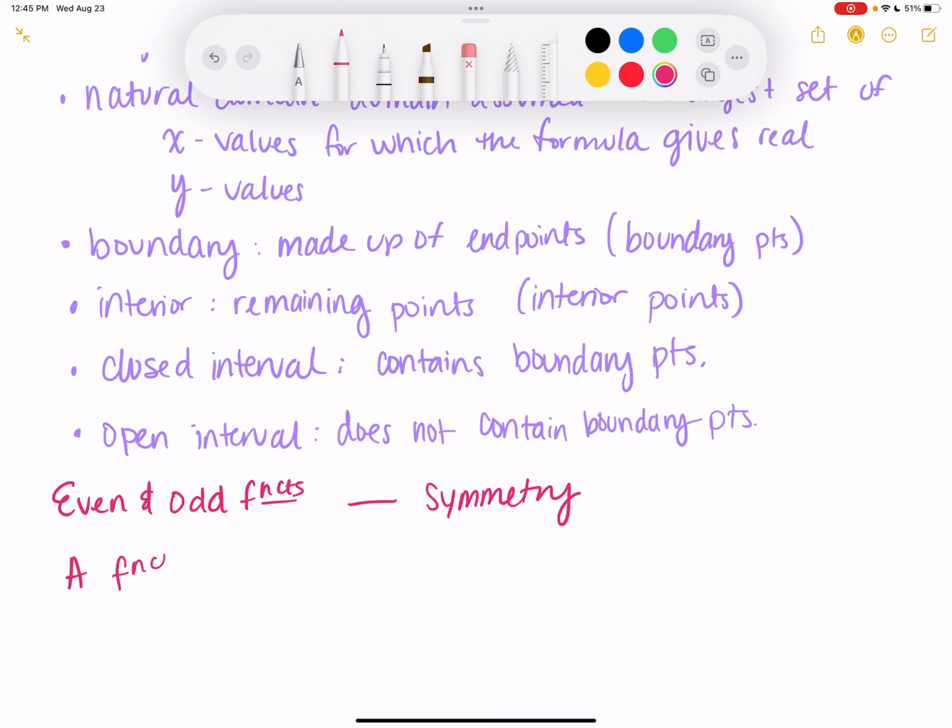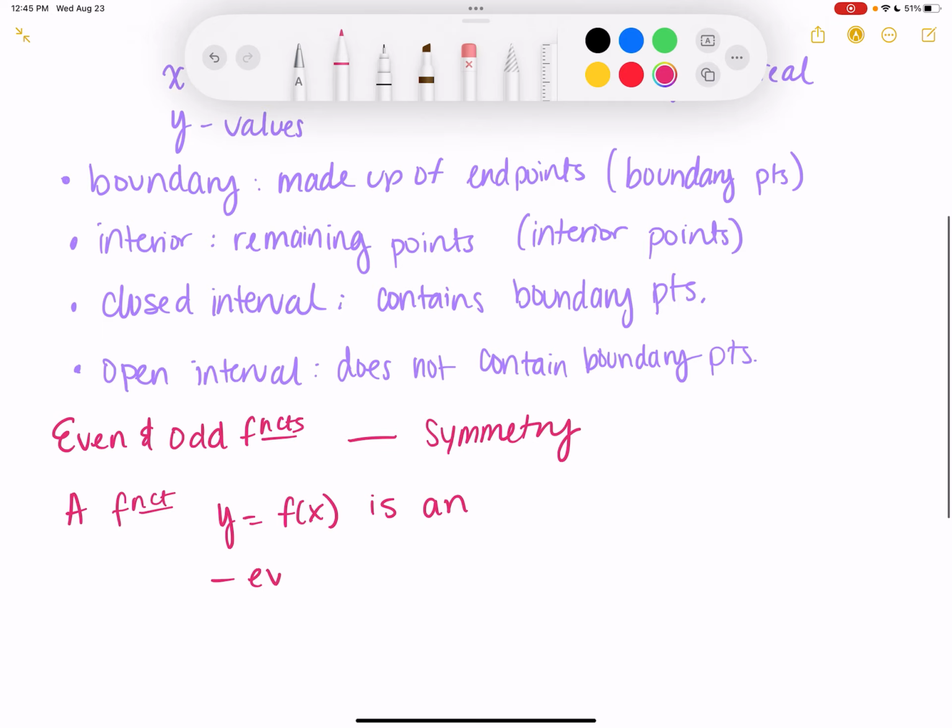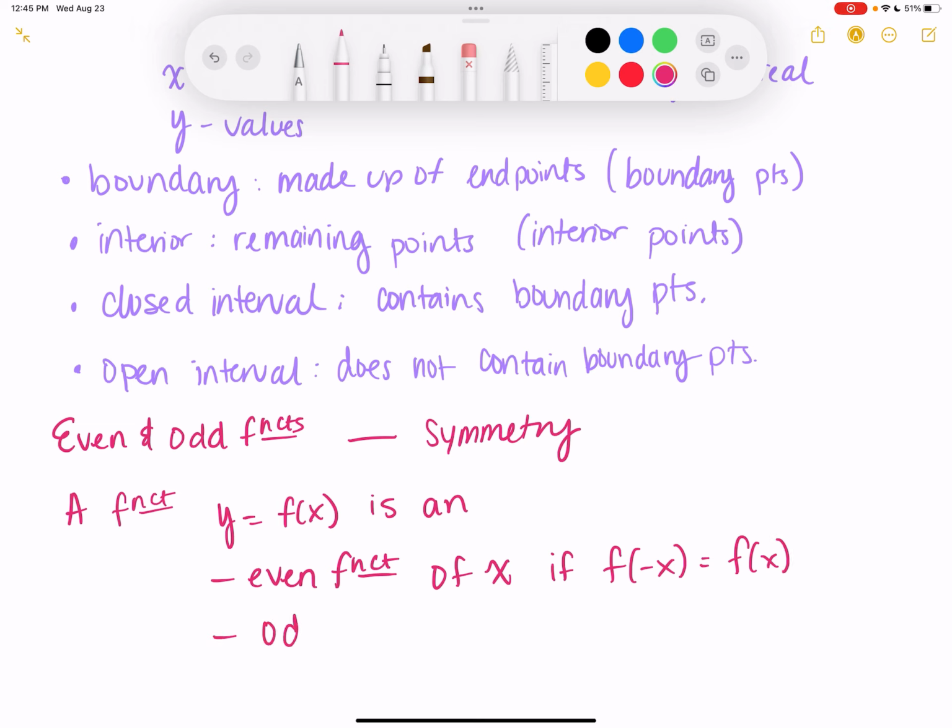So a function y equals f of x is an even function of x if f of negative x is equal to f of x, or an odd function of x if f of negative x is equal to negative f of x.